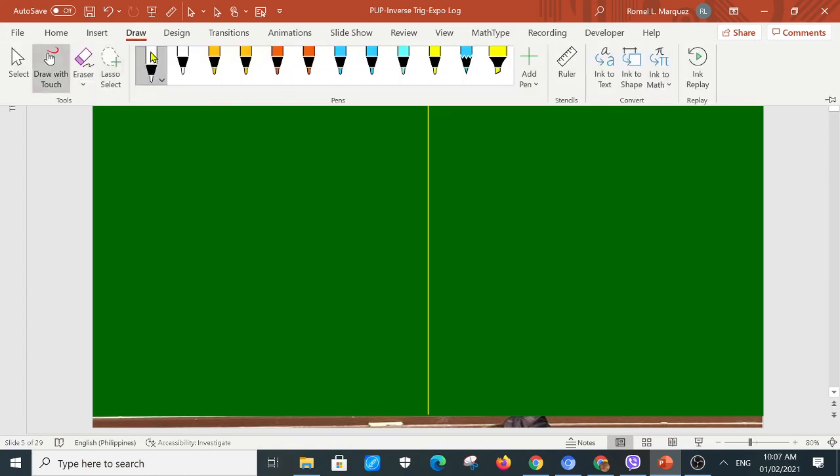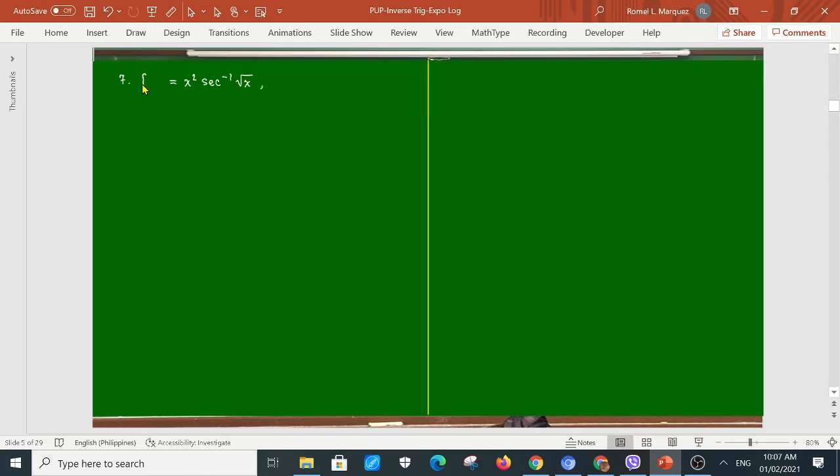Let's say this is f of x, and I want to find f prime of square root of 5.